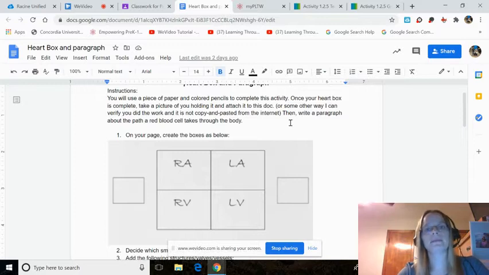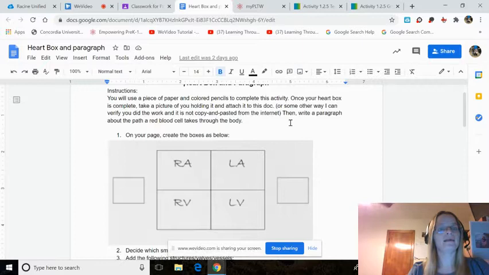Open up a new tab. Do it. Okay. In the search bar, type in PBS heart box. That is the letters P, B, S, and the words heart box.